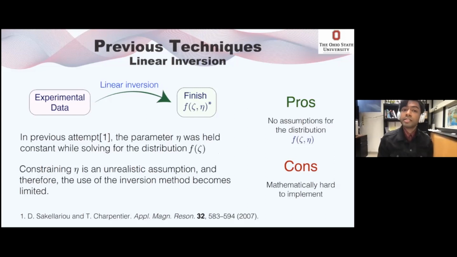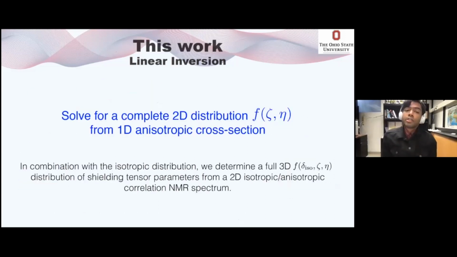So although this technique is working and has been shown in the past to work, it's not always implementable to all different kinds of experiments and materials that we want to measure. In this talk, what I'm going to show is how we tackle this problem and get a full 2D distribution of anisotropy and asymmetry from a 1D anisotropic cross-section.